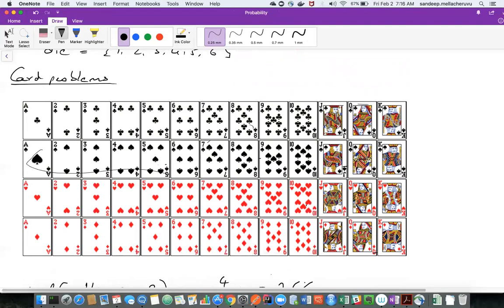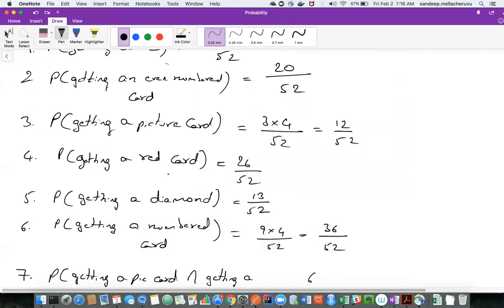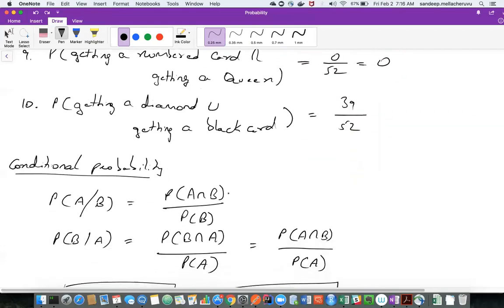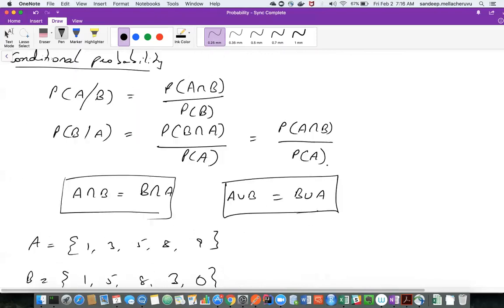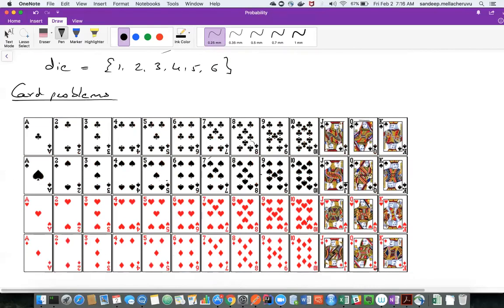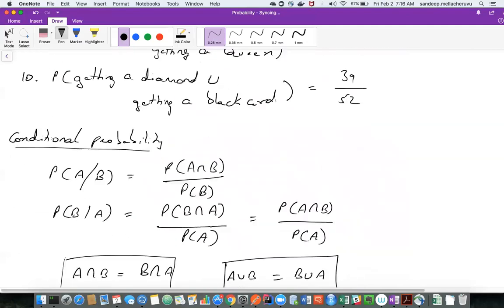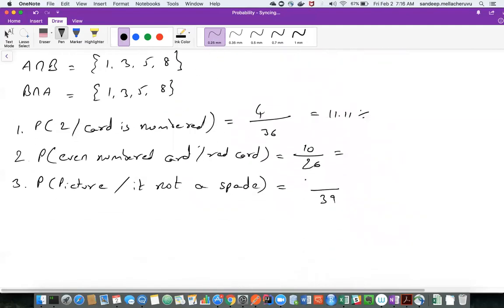Spade is the second one. Sample space is 39. And getting a picture, the answer is 1, 2, 3, 4, 5, 6, 7, 8, 9. So it is 9 by 39. You're right.